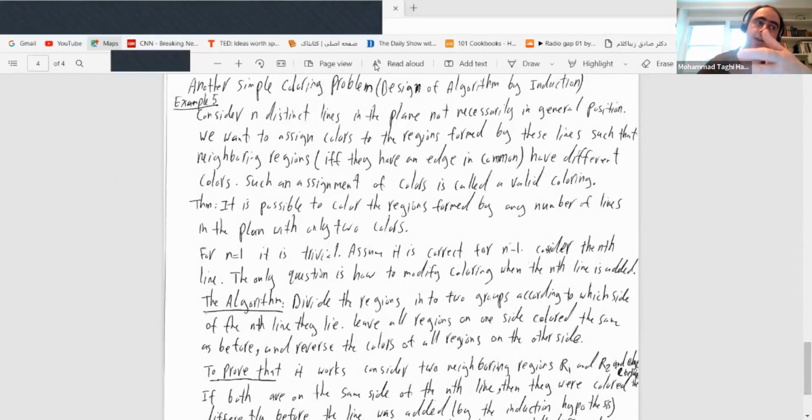I think that was the idea. We remove the nth line, and the n+1 line and the n line are, on those regions, parallel. They don't intersect, so the region each of them adds is separate from the region the other adds.